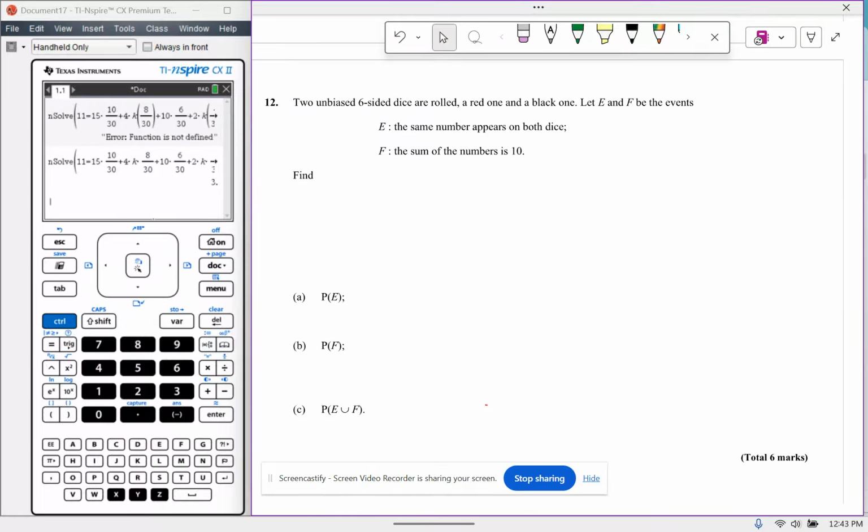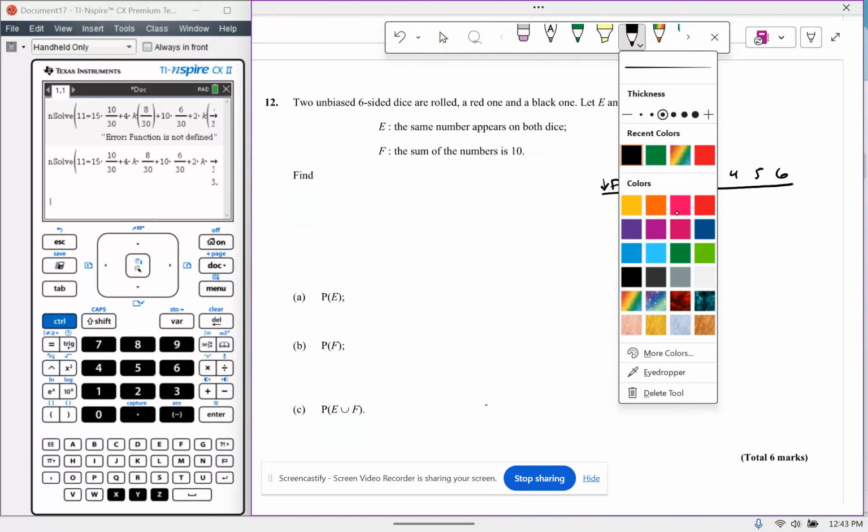For 12, I would make sure that I illustrate a sample space, right? If E and F are two different die, I would be like, okay, this is for E and then this is for F, right? This is F, this is E. 1, 2, 3, 4, 5, 6. And I would maybe use a different color for the other one so I could really see what's going on here.